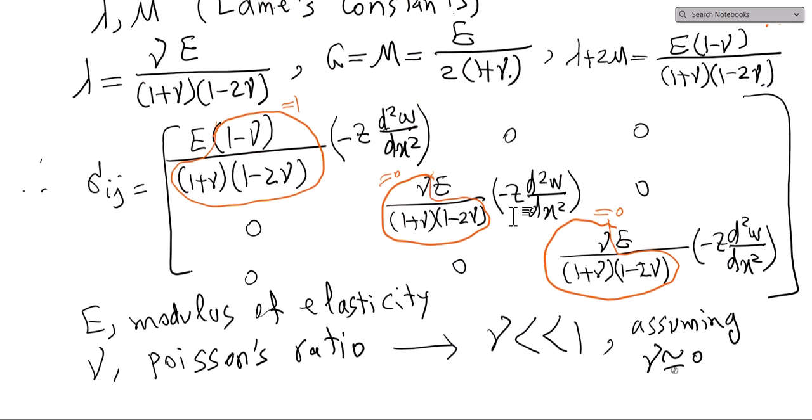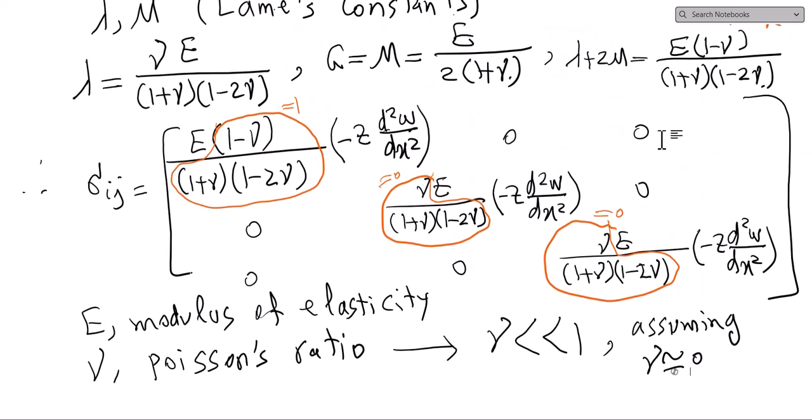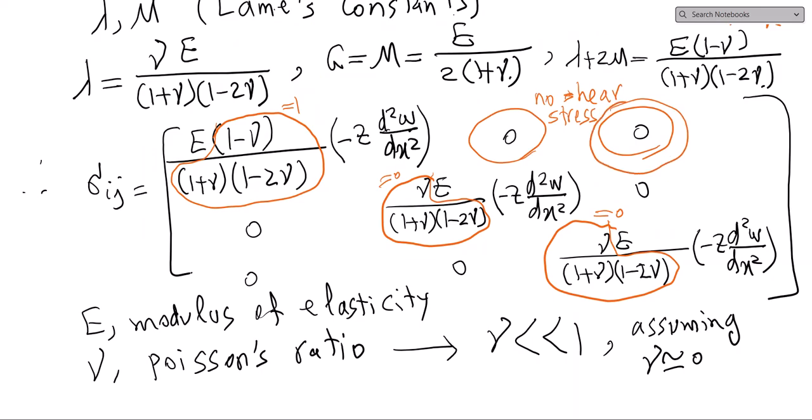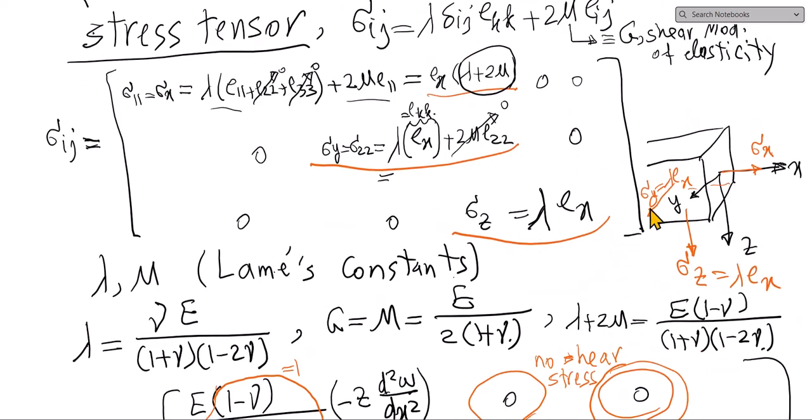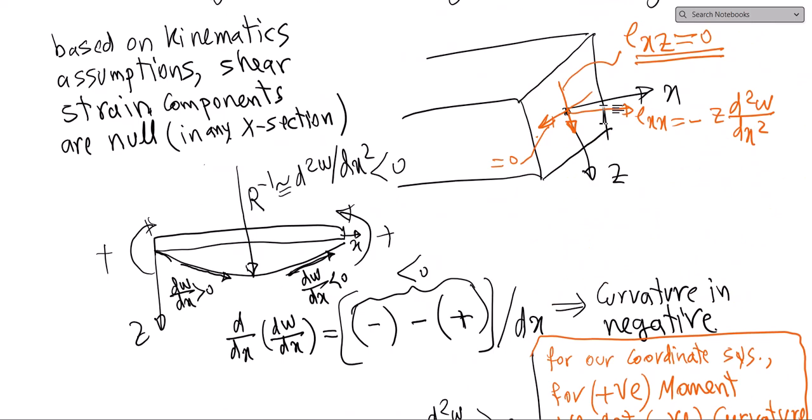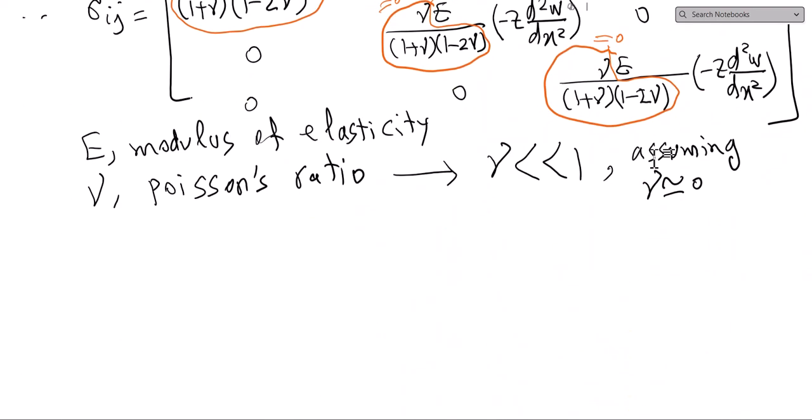Now, the main important part is also that there is no shear stress. More importantly, this one, as I explained here, because this is your sigma in this direction, this will be the similar stress when you multiply it by E becomes sigma x.